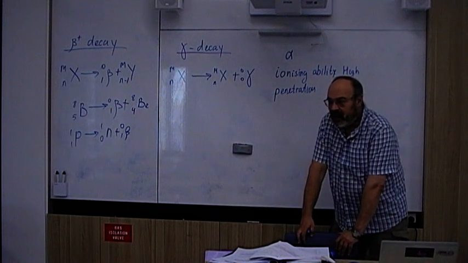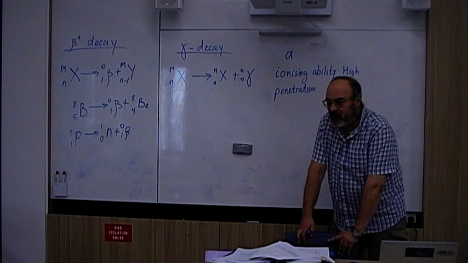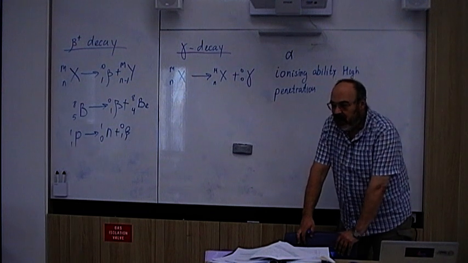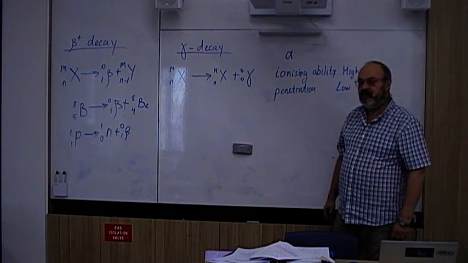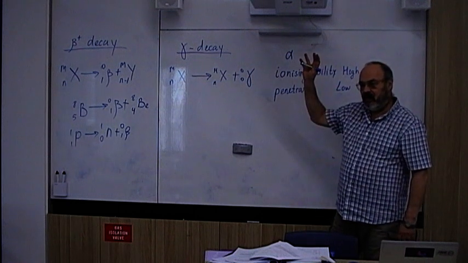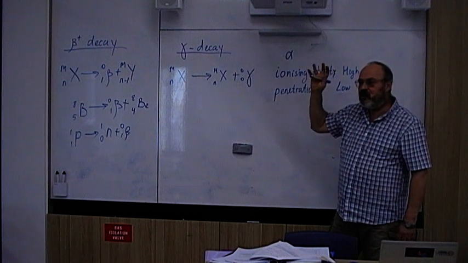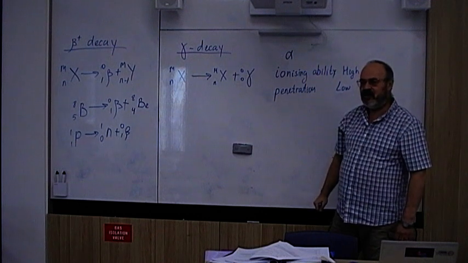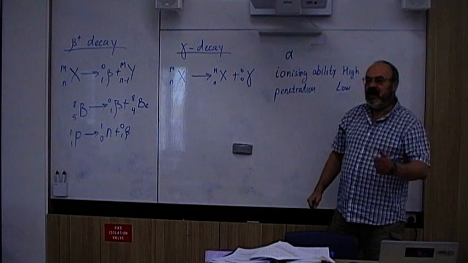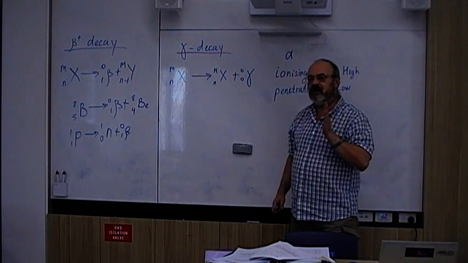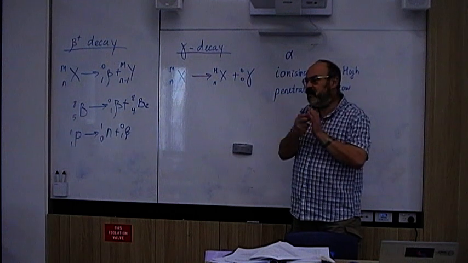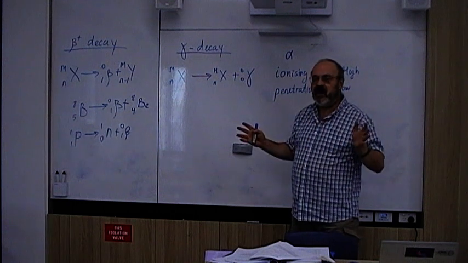But gamma has a very high penetration, we'll come to that. Do you have a fire alarm at your home? At the ceiling? There is a source of alpha radiation in it. That's how it works. There is a source of alpha radiation and there is a detector. As soon as alpha particles hit the detector, it's quiet.